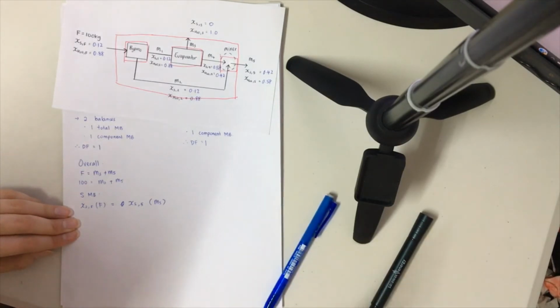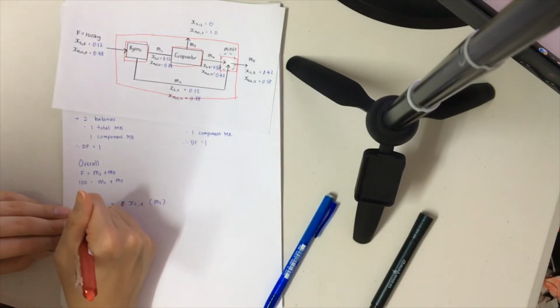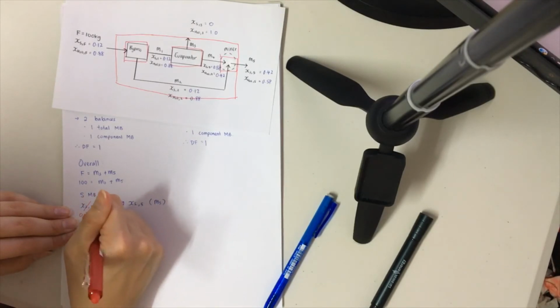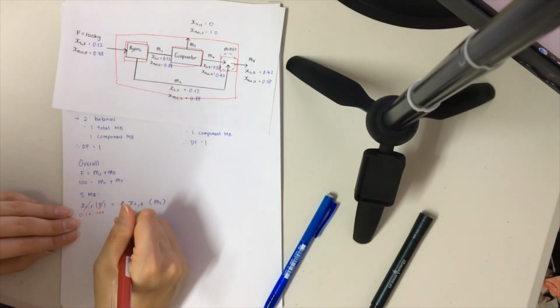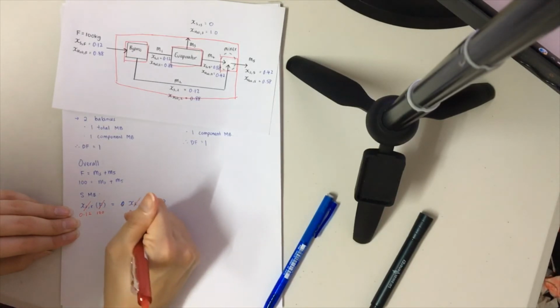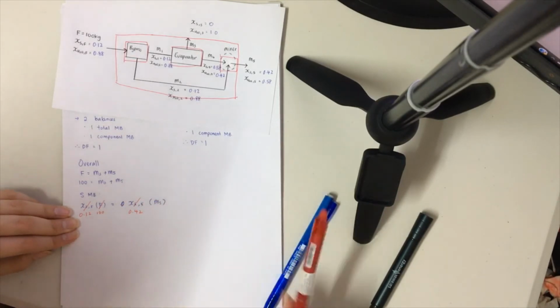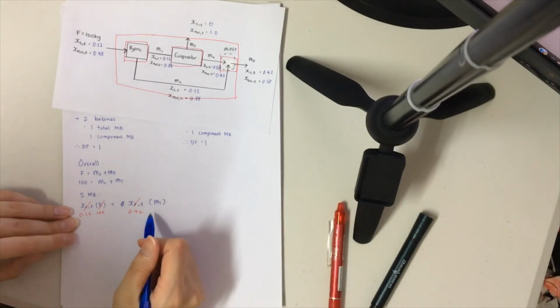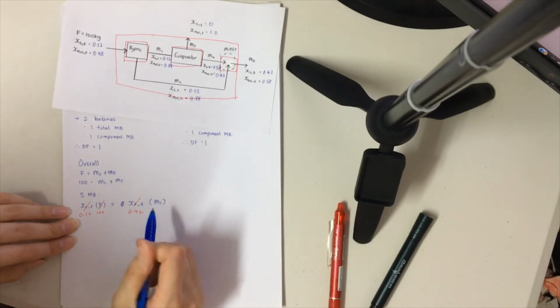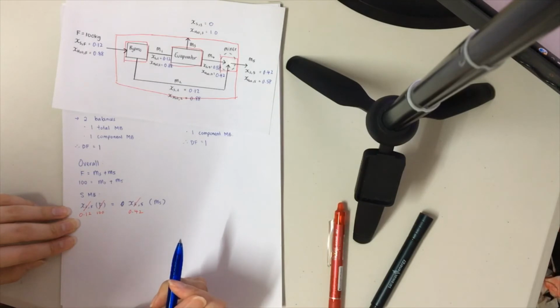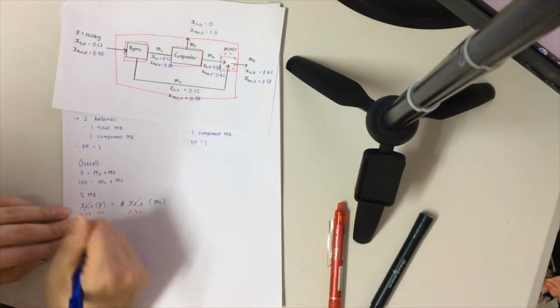So this one is 0.12, your feed is 100, and we have 0.42 and M5. We can solve for M5.